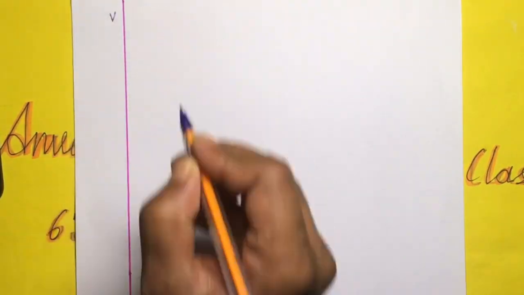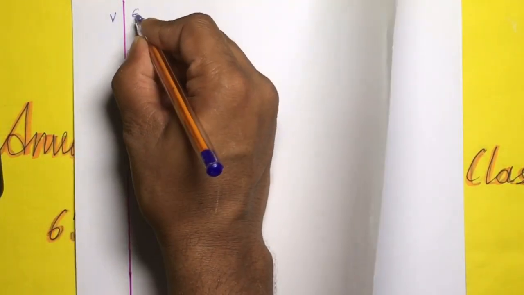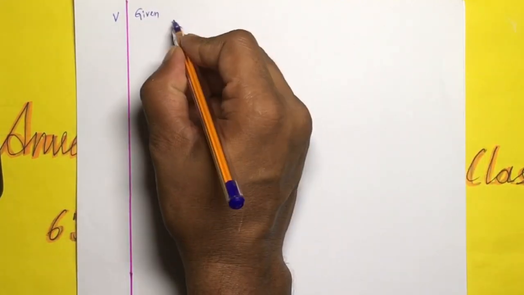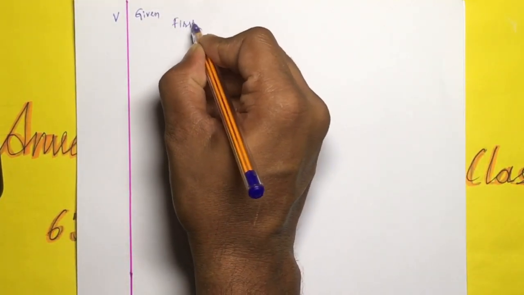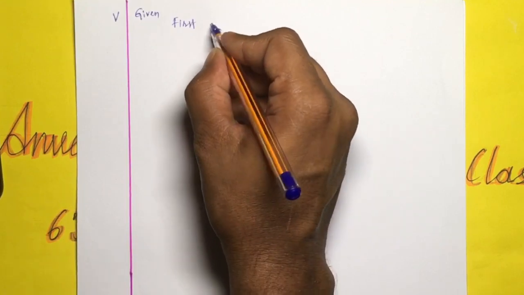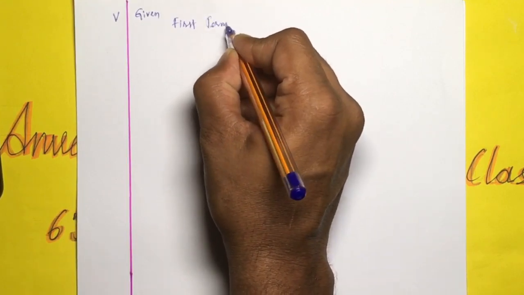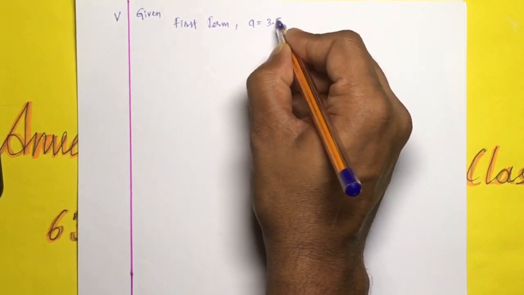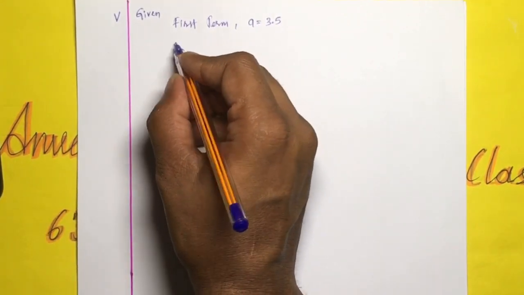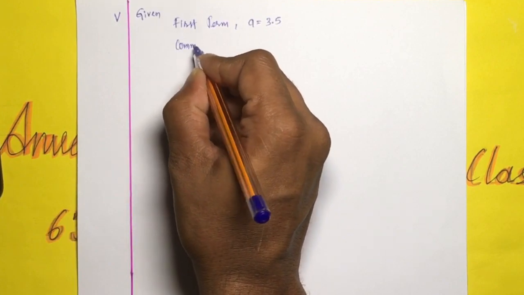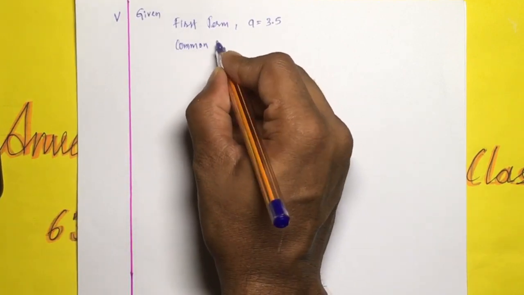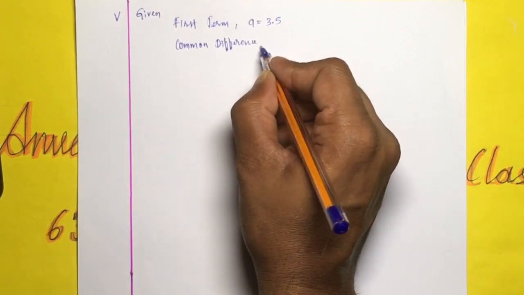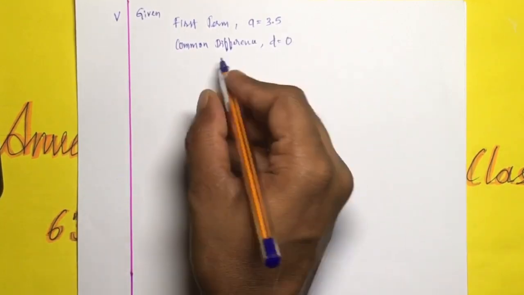Students, fifth question, the given first term a is equal to 3.5, common difference d is equal to 0.